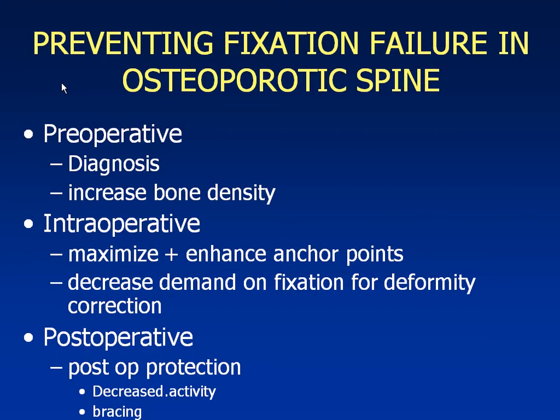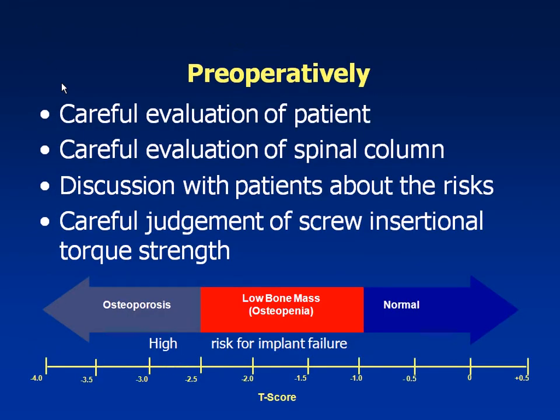Preventing fixation failure in the osteoporotic spine starts with preoperative preventive measures. We may develop some strategies intraoperatively, and finally, postoperatively, we may have other preventive measures. Starting with the preoperative, especially the diagnosis, the only evaluation tool which may help us to develop preoperative or intraoperative strategies is the bone mineral density.